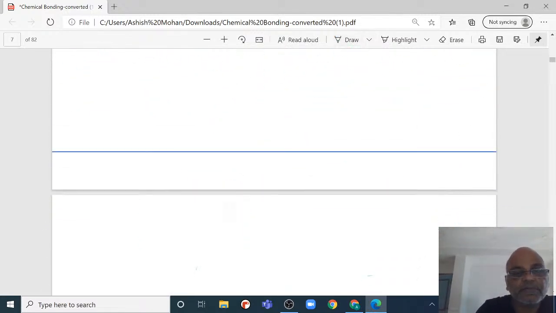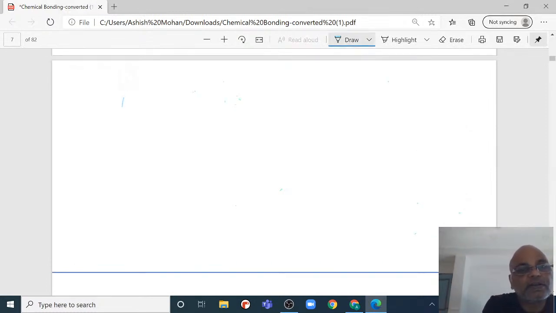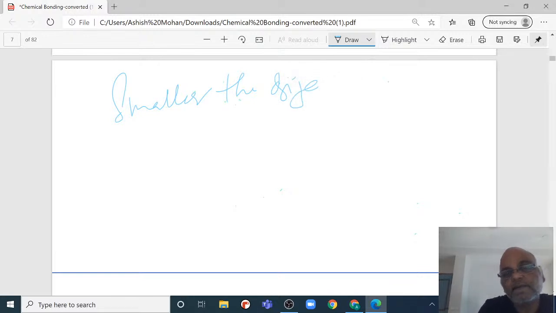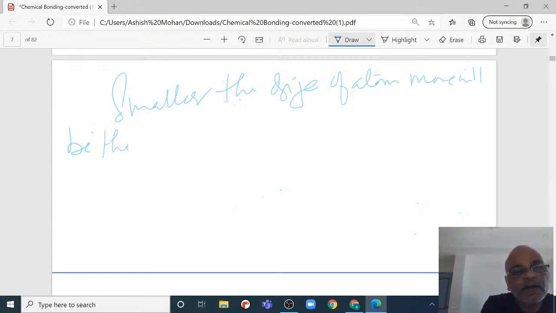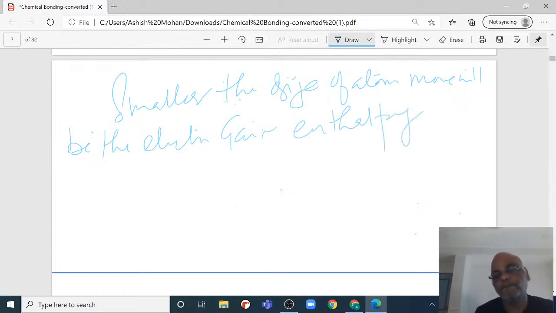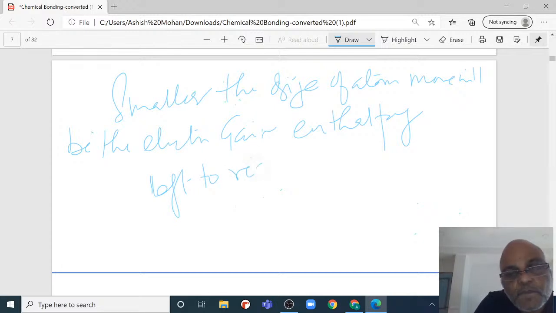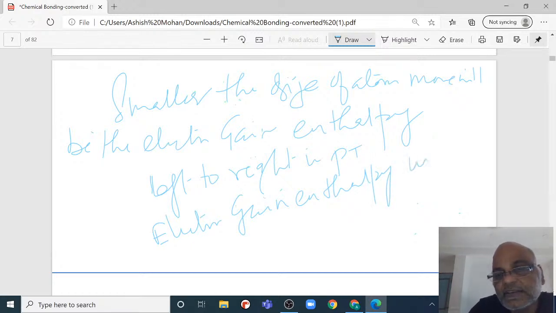The magnitude of electron gain enthalpy is smaller the larger the atomic size of the atom. Therefore, moving left to right in the periodic table, electron gain enthalpy increases.